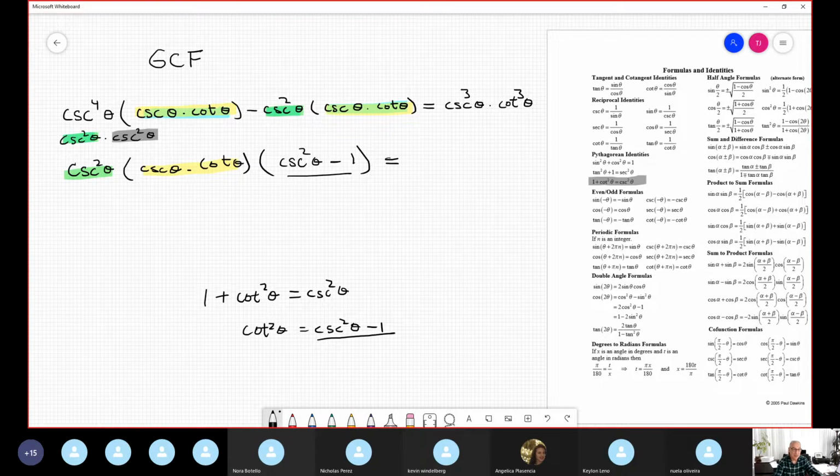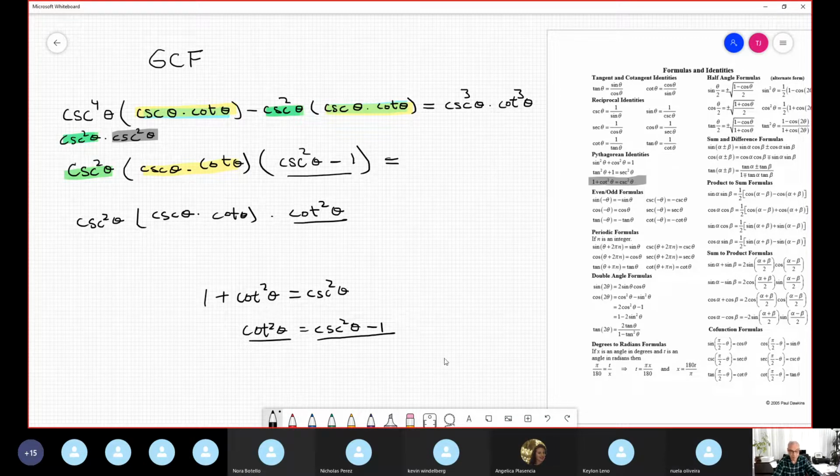Good. So in the next line, I copy cosecant square theta multiplied by cosecant theta cotangent theta. You replace this by cotangent square theta. Okay, this is exactly the same as this. Makes sense? It does.